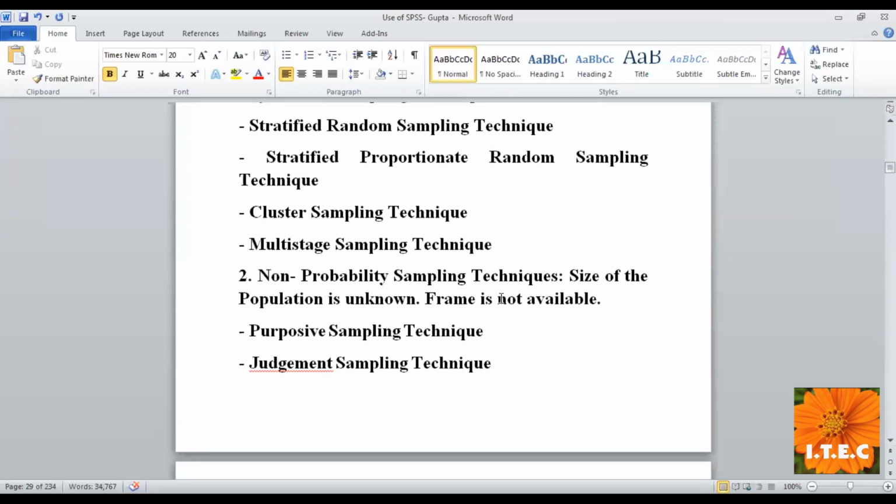There are many situations in which you do not know the total number. And if you do not know the total number, then you cannot calculate the probability. Therefore, it cannot be probability sampling. It has to be the non-probability sampling technique.